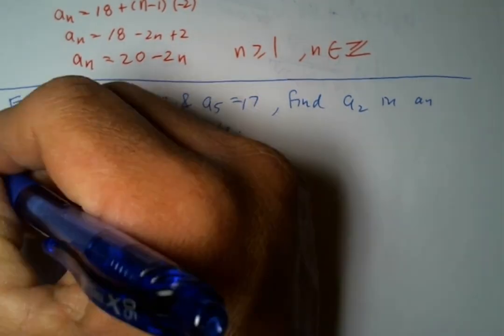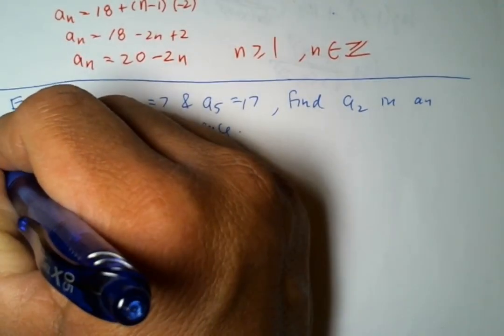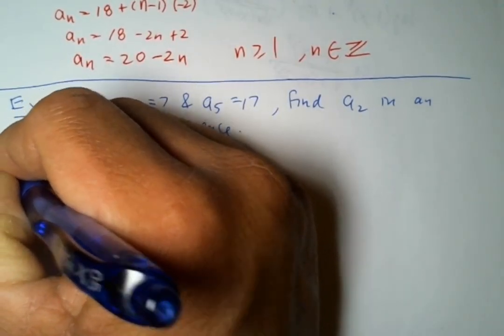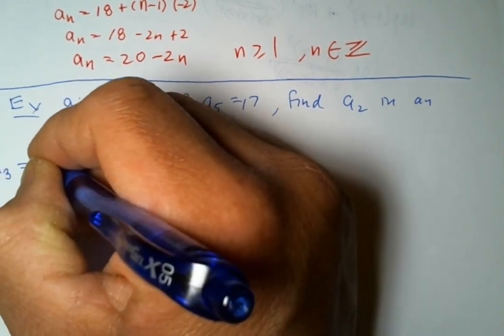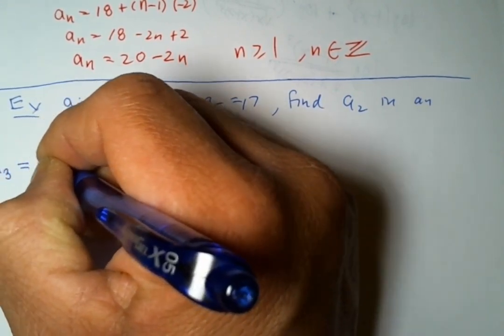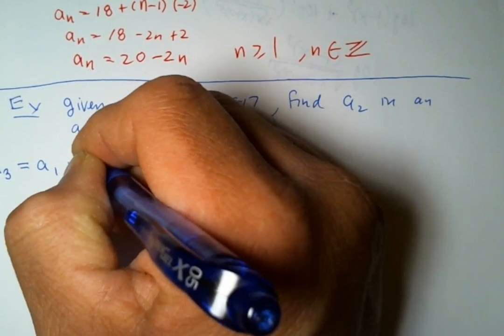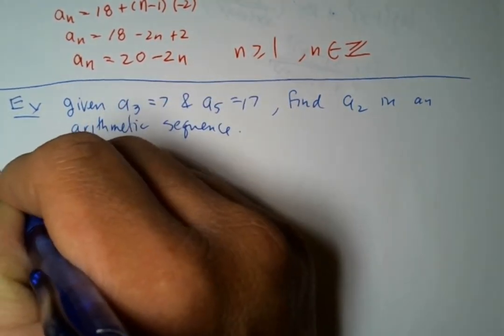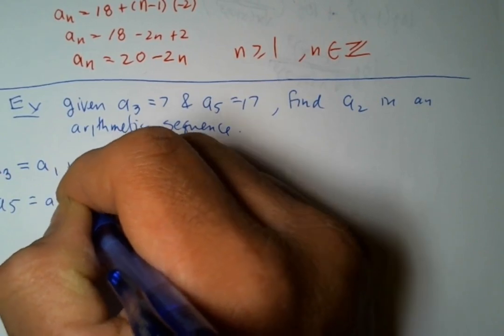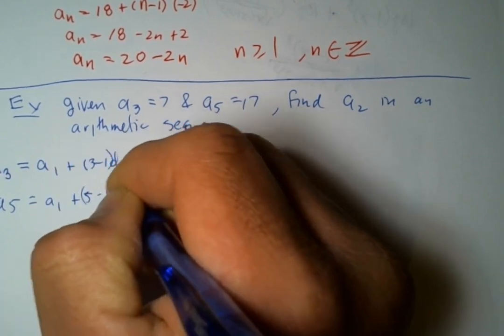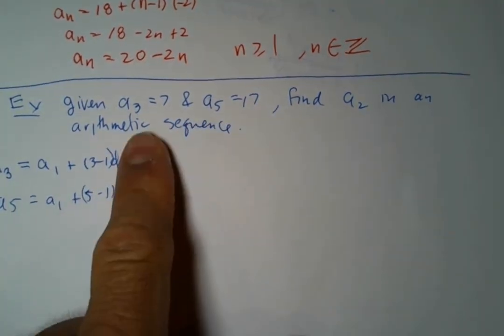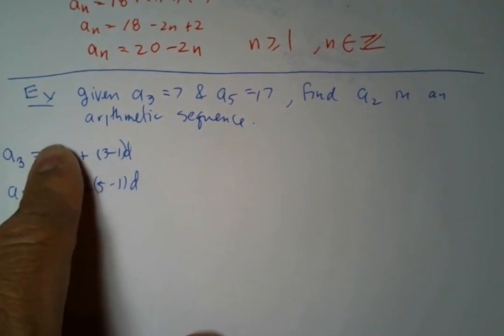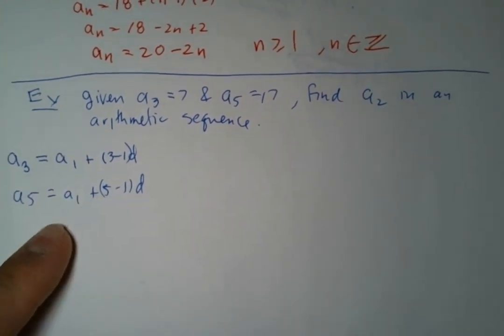Now, I know the explicit formula. So I know both of these, A3 and A5, so I'll write the explicit formula in terms of 3 and 5.